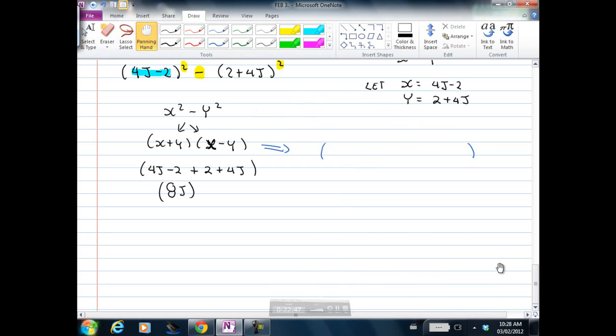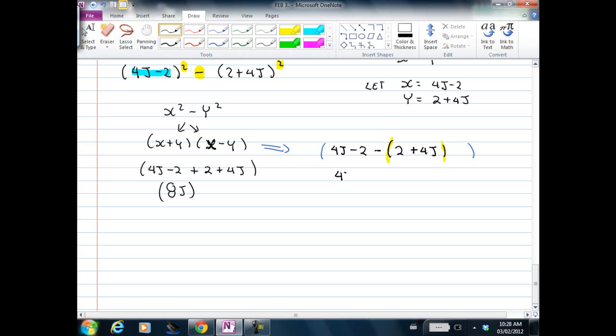I'm going to pause it and walk. So I'm going to sub in x. This is going to be 4j minus 2. Minus, be careful. This is going to be 2 plus 4j. Notice I use brackets right here because it's going to change my answers.